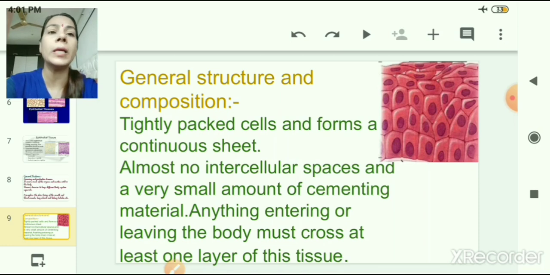Almost no intercellular space and a very small amount of cementing material is also present. Anything which is entering or leaving the body must cross at least one layer of this tissue.